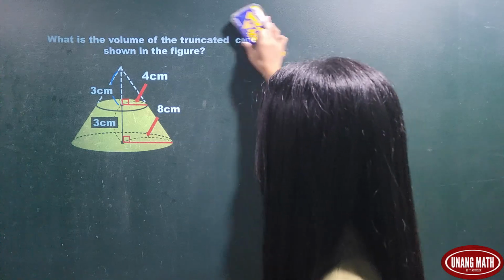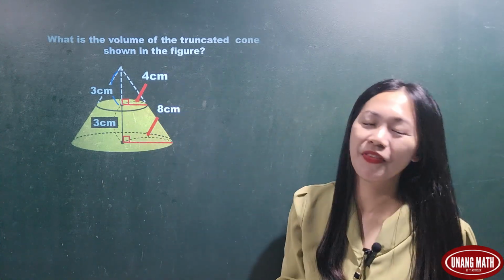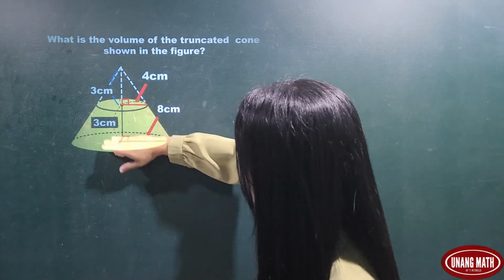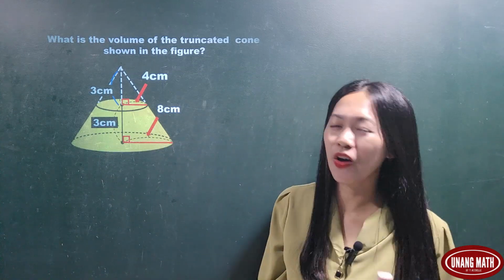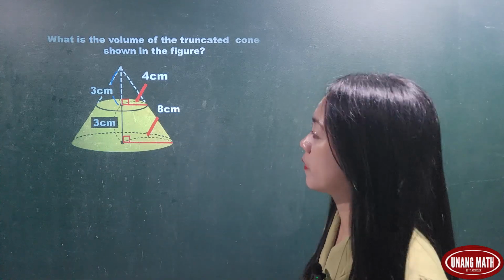What is the volume of the truncated cone shown in the figure? So where's the truncated cone? This part, shaded with yellow color. So we will find the volume of this truncated cone.